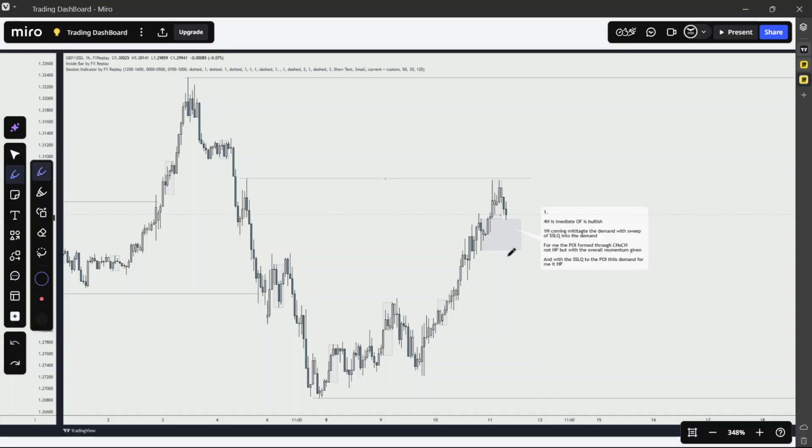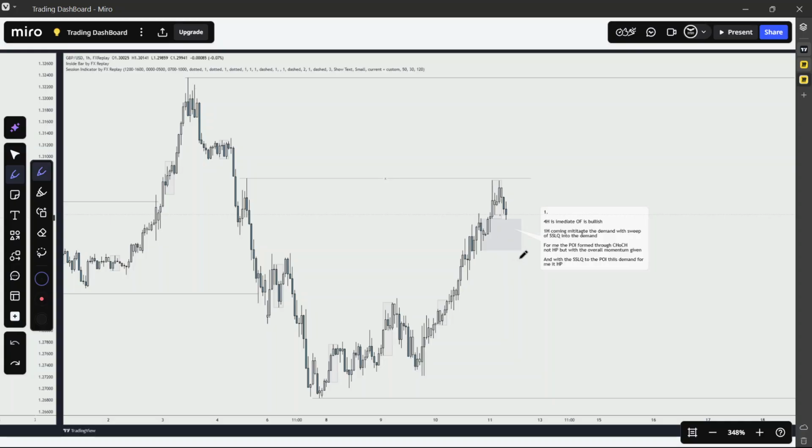We are Photon traders, again repeating myself, because as Photon traders we classify a high probability POI when we have a sweep formed through the POI, and the POI has caused something significant. But here that's a continuation CHoCH, which again is not high probability.